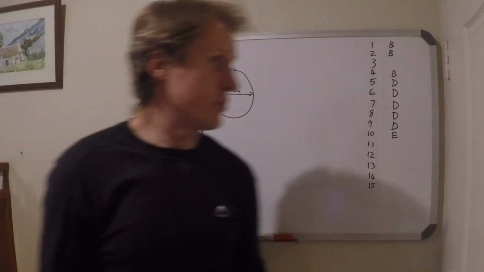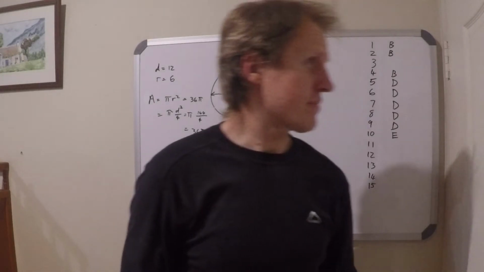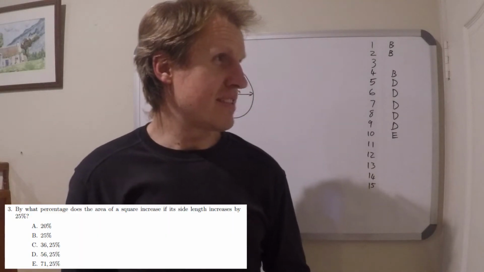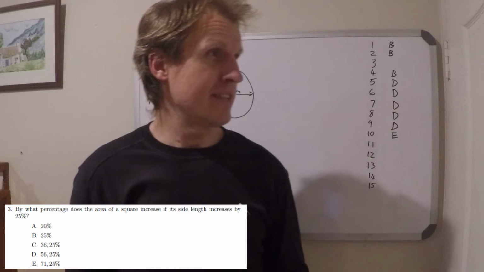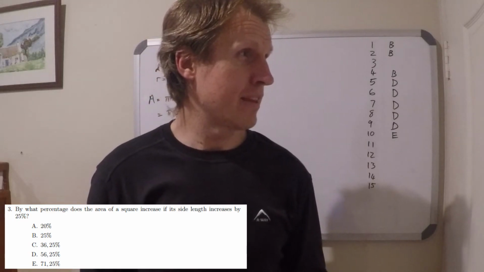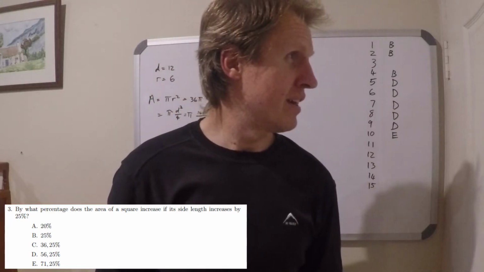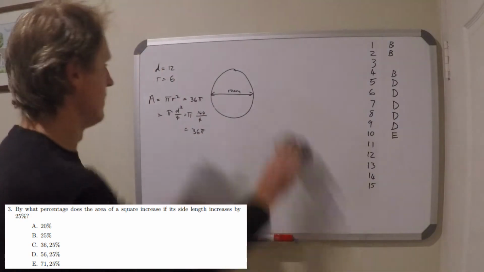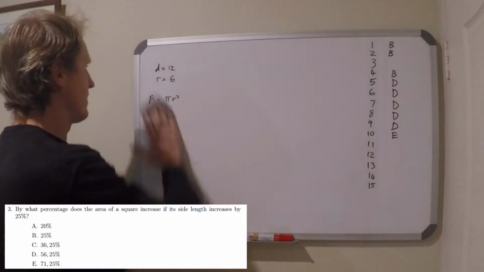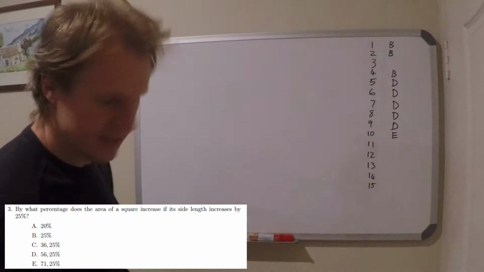Okay, let's jump to question 3. By what percentage does the area of a square increase if its side length increases by 25%? Okay, let's have a look at this. Again, let's draw it out.